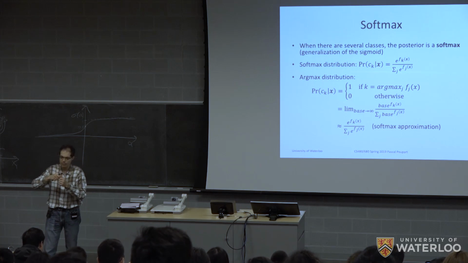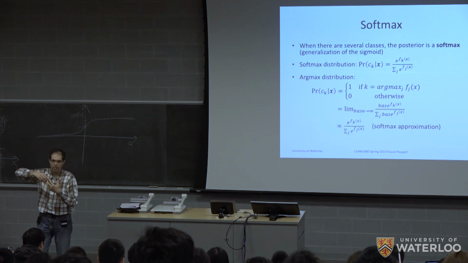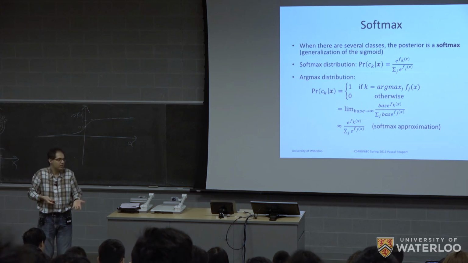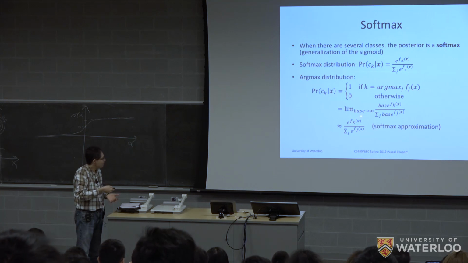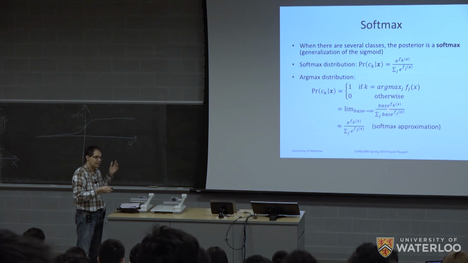So it tends to make the differences much more important, so that in the limit, when my base goes to infinity, this will converge to 1 for the function that has the highest value and 0 for the other functions.